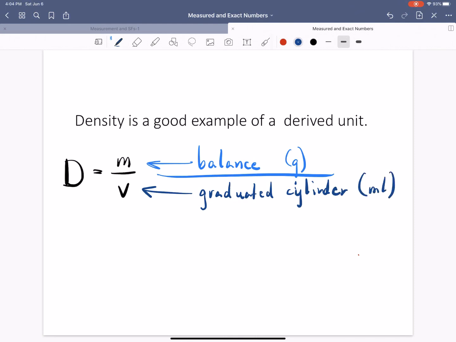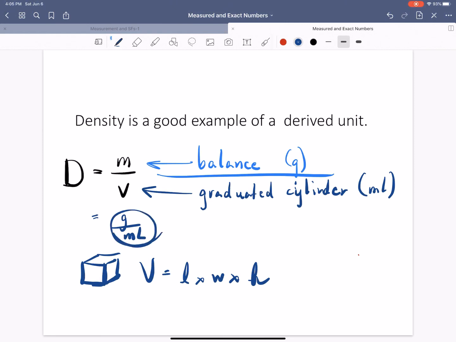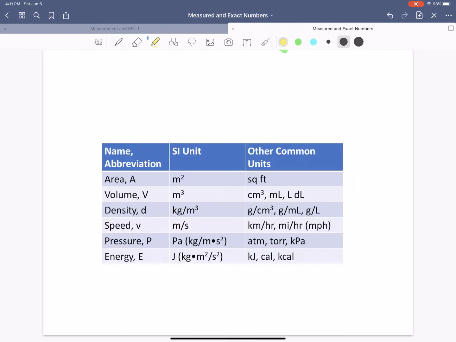Or maybe we had to take a length times a width times a height, and do a calculation. But we end up with some volume. And then when we combine the mass divided by the volume, we end up with some units that have mass per volume. These are derived units. They're derived because it required more than one measurement and then some math to get them.